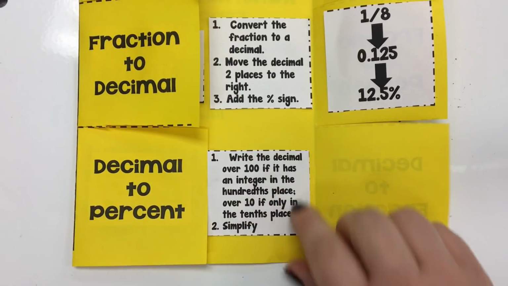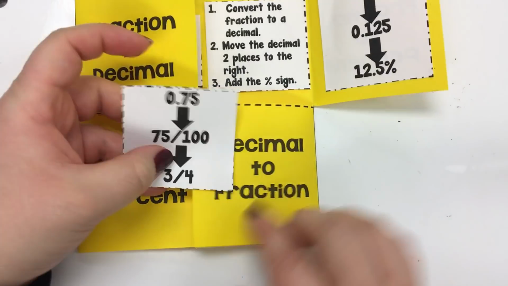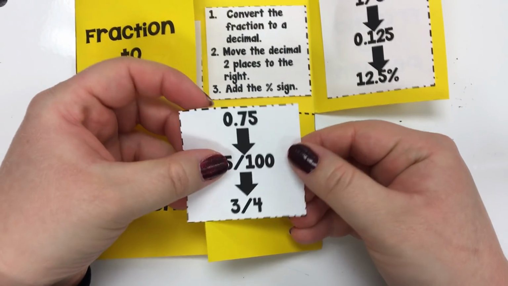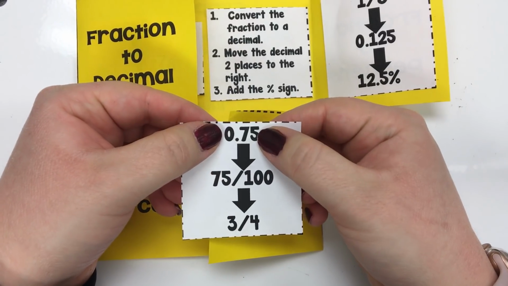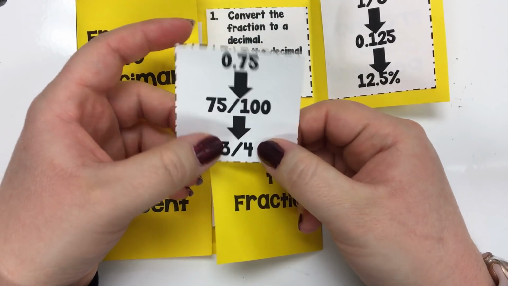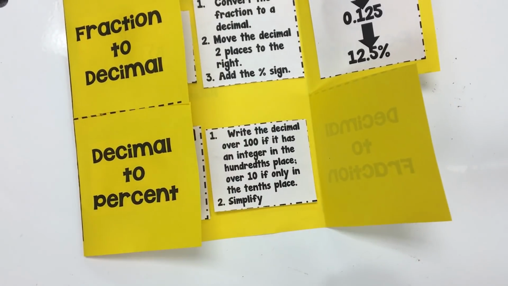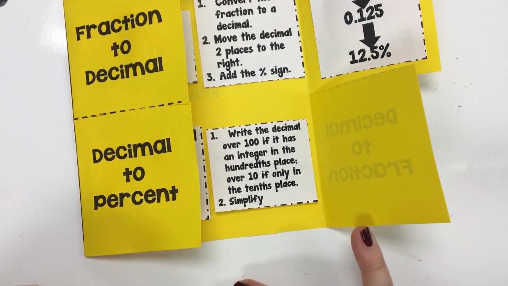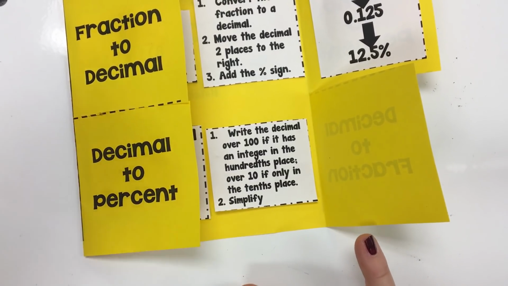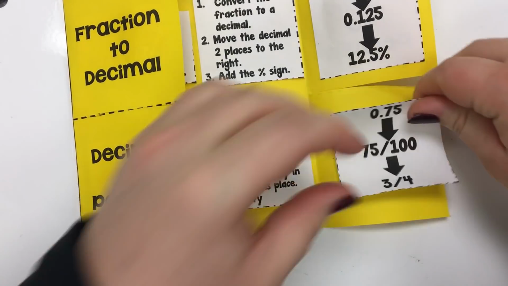And the last section that we are doing is how to go from a decimal to a fraction. So the last piece that you should have goes from a decimal to a fraction to a simplified fraction. So we'll glue that in on the inside.